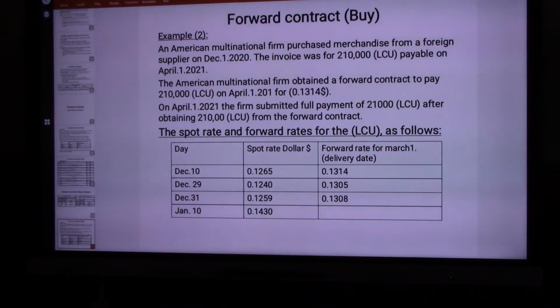The invoice was for 210,000 LCU payable on April 1st, 2021. American multinational firm obtained a forward contract to buy the 210,000 on March 1st for 0.1314. The locked price بتاعك.